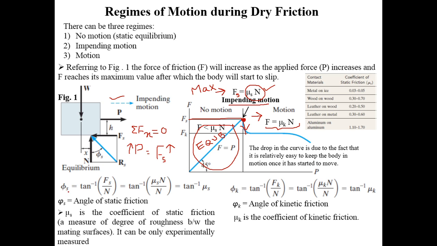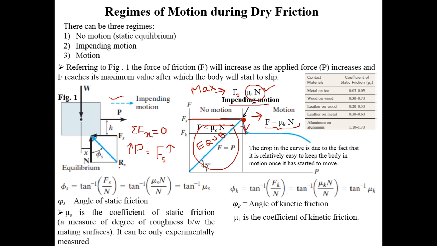Okay, so just a little formula derivation here. This is the normal reaction N and this is the friction force F, so this Rs is the resultant of N and F, and N and F are the rectangular components of Rs.